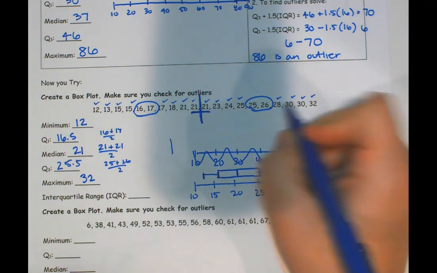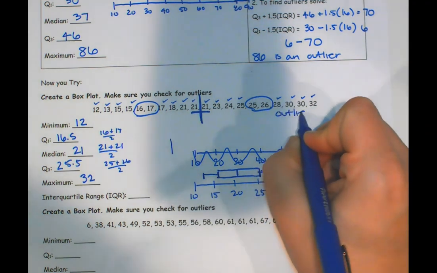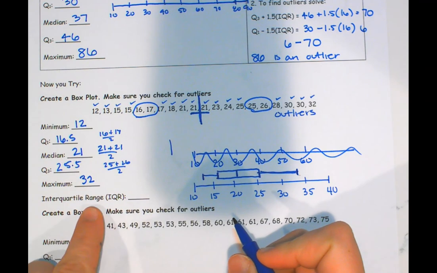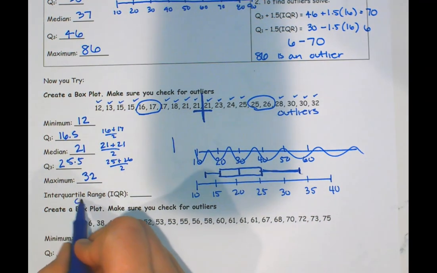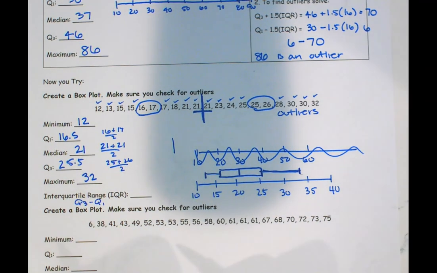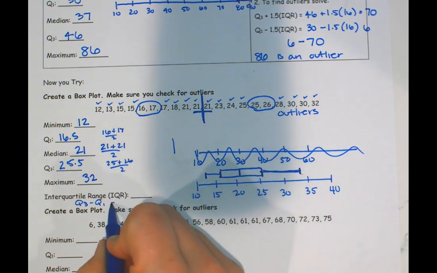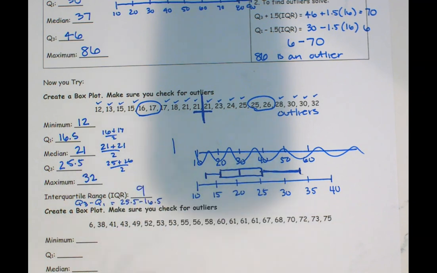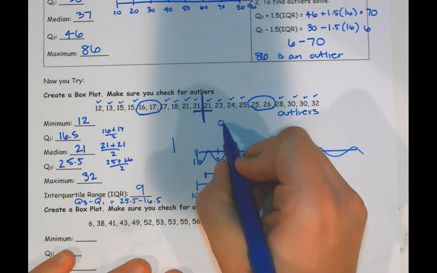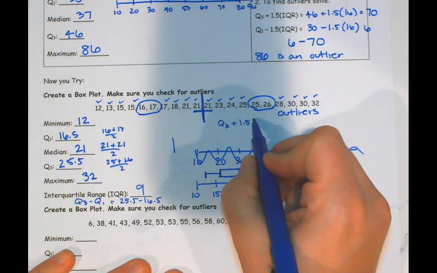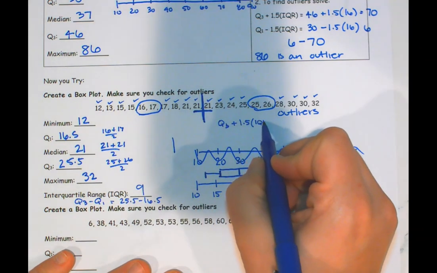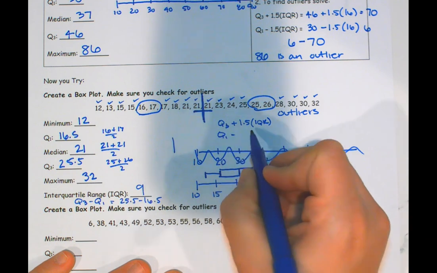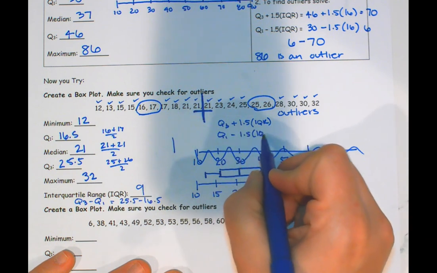All right, so now when I check for outliers, first I need to find my interquartile range. So that would be Q3 minus Q1. So 25.5 minus 16.5 would give me 9. So then I'm going to do Q3 plus 1.5 times my IQR and Q1 minus 1.5 times my IQR.